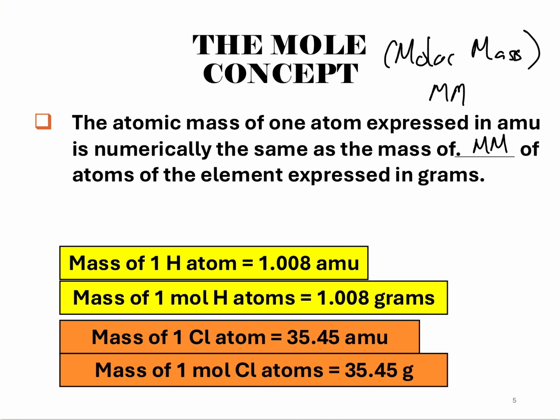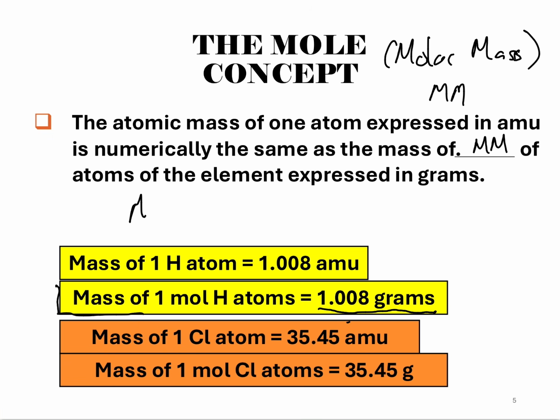And so what the molar mass represents is the mass of 1 mole of that substance. So for example, if we look at hydrogen atoms, the atomic mass is 1.008 AMU, which is saying that the mass of 1 mole of hydrogen atoms is equal to 1.008 grams. So this is now looking at a conversion equality that goes between mass and moles.